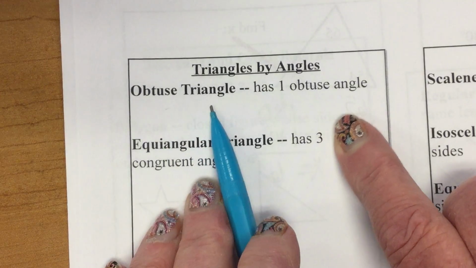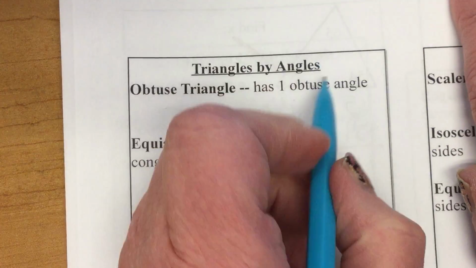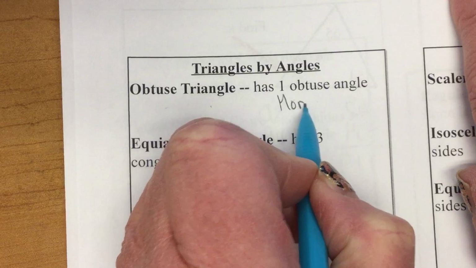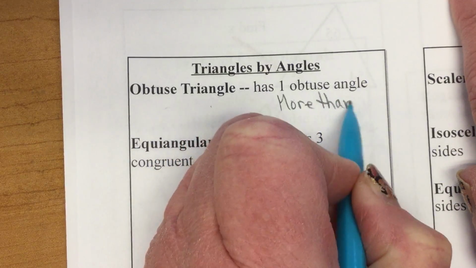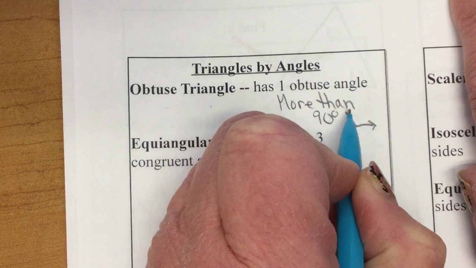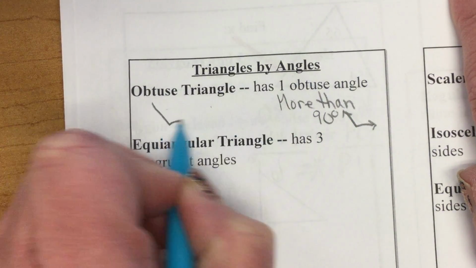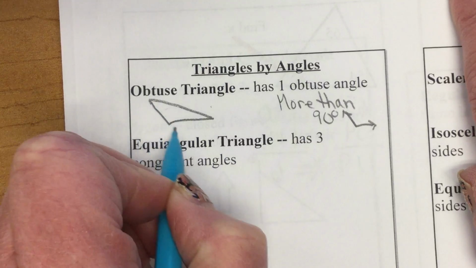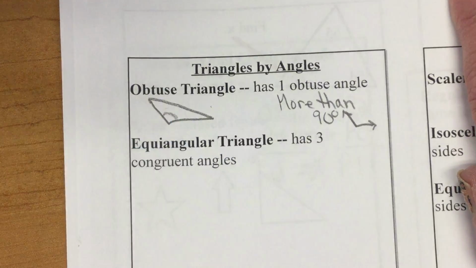An obtuse triangle has one obtuse angle, more than 90 degrees. So an obtuse triangle would have an angle more than 90 degrees.